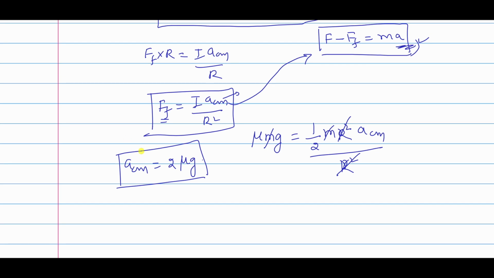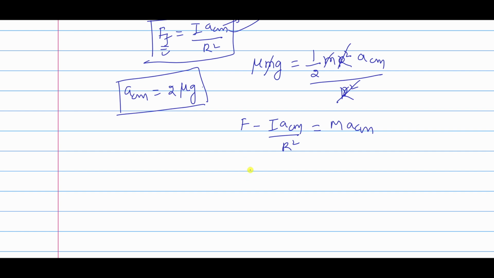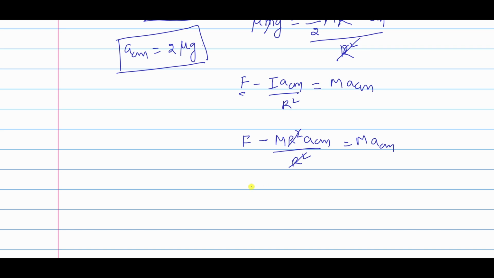Okay, so we can put our force of friction from here into this equation, and we'll get I, moment of inertia, times center of mass का acceleration upon R square is equal to mass times center of mass का acceleration. ओके, सो यहाँ से हम निकाल सकते हैं अभी force applied will be basically F minus, for a hollow cylinder moment of inertia क्या हो जाएगा, m R square, a center of mass upon R square is equal to m a center of mass. You can cancel m R square, R square from denominator and numerator, and then force is equal to m a center of mass plus m a center of mass.